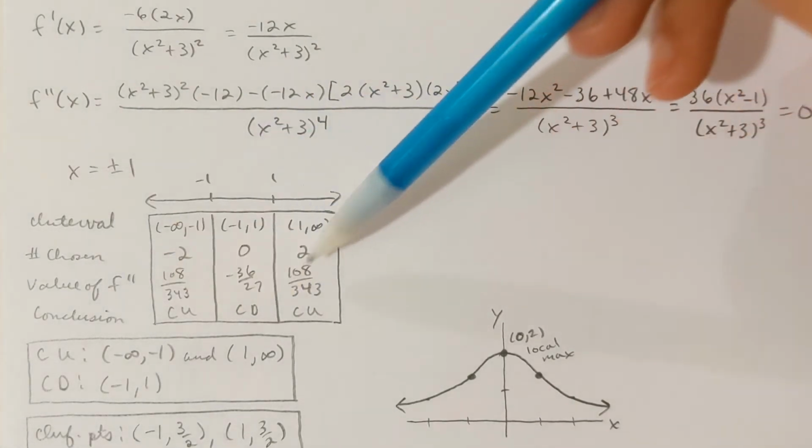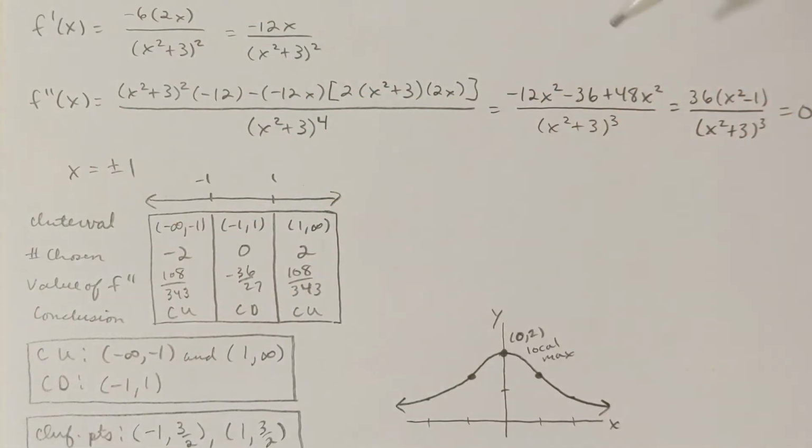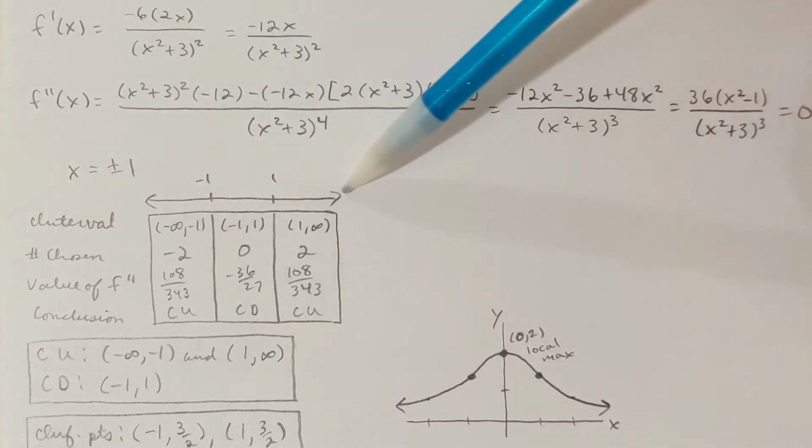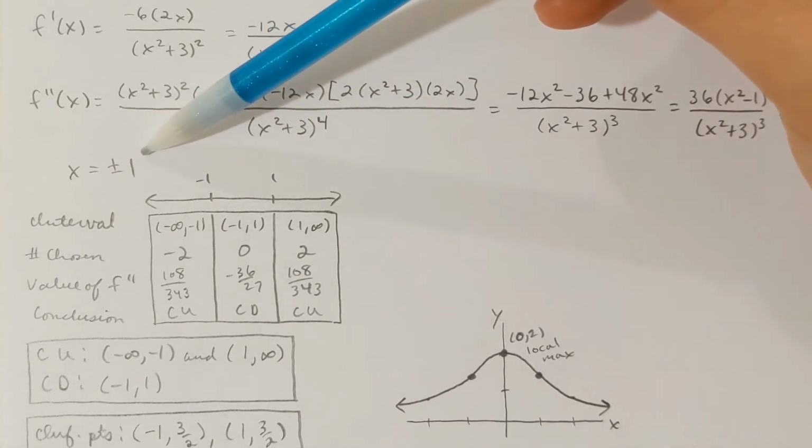Okay, now I'm going to be building a table like I was doing in the increasing and decreasing test, although this is a totally different test. Okay, I'll be positioning my important values. Now, 1 and negative 1 behave like critical values, but they are not called critical values.